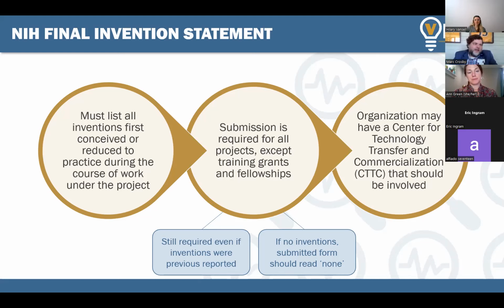We have a centralized team who has relationships with some of the large players in the pharma space in the United States, so that we can leverage those relationships whenever discoveries are made. And it does provide some sizable revenue for our institution.